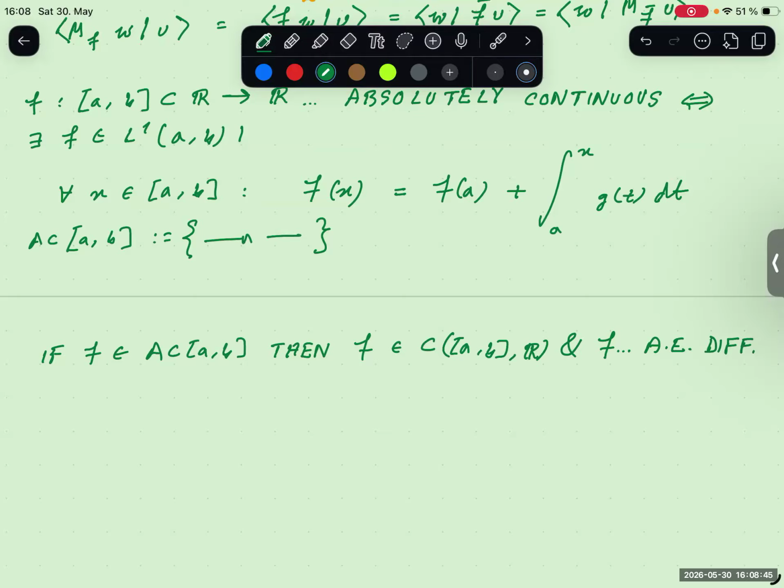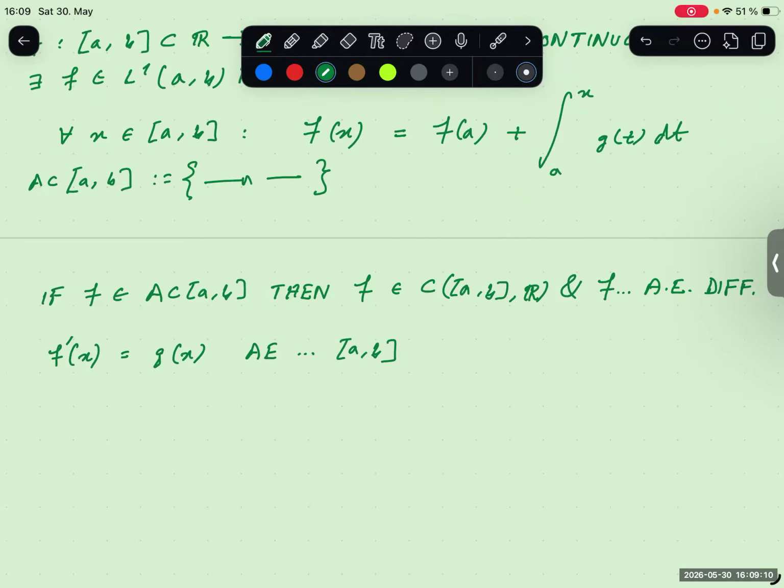With f prime, prime means derivative, equal to g of x almost everywhere on the interval. And of course, we call g the derivative of f.